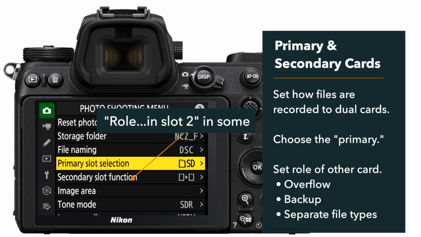You may see role played by card in slot 2, like in the Z5 and the Z9, or you may see primary slot selection and secondary slot function, where you select which card is considered the primary card, and then the other card is automatically going to be the secondary card, and you can choose which function you want for that secondary card. And that's the same as if you have a menu option called Role Played by Card in Slot 2.